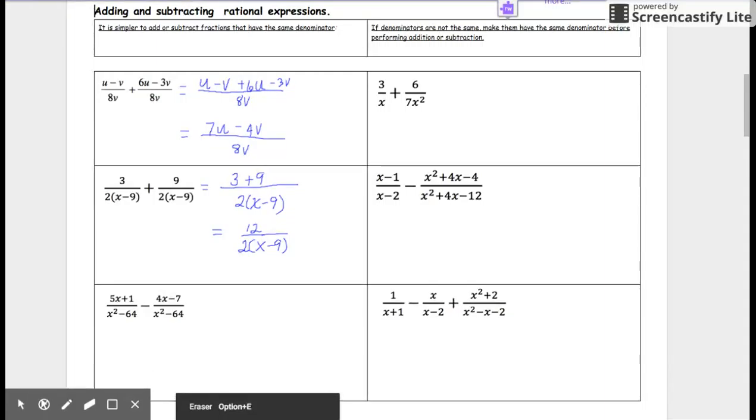So I can factor the 2 out of the 12. And that's going to be 2 times 6, and 2 times 1. So the 2 gets canceled. So I'm going to have 6 here. Therefore, the final answer is 6 over x minus 9. And we stop here.